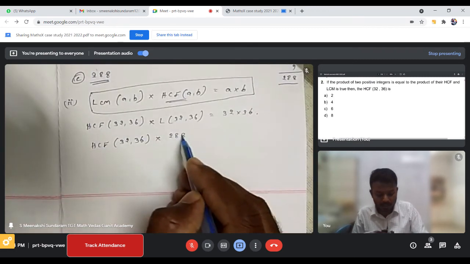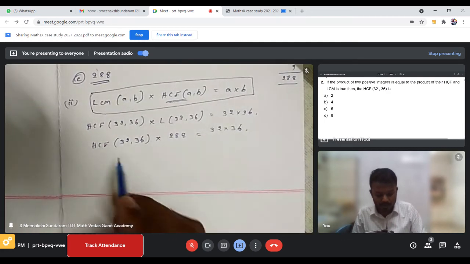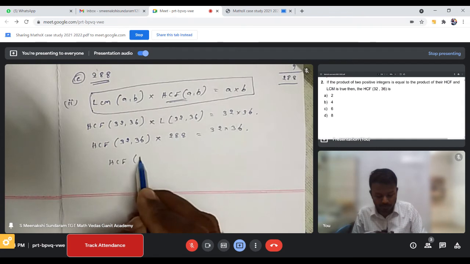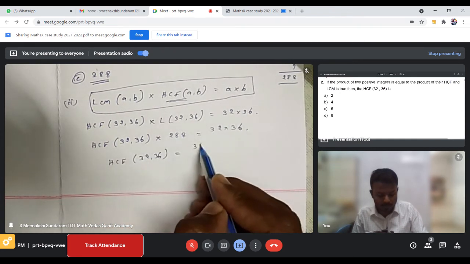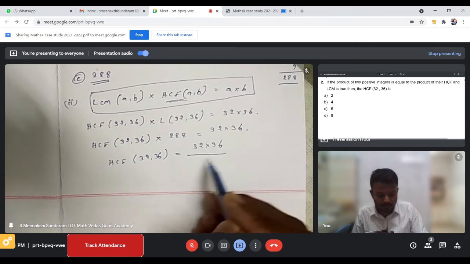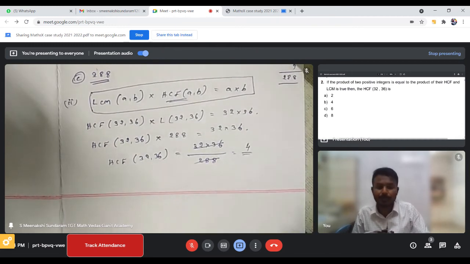So 288 times the HCF is equal to 32 into 36. Now HCF of 32 and 36 equals 32 into 36 divided by 288. When we cancel this, we will get the value 4.